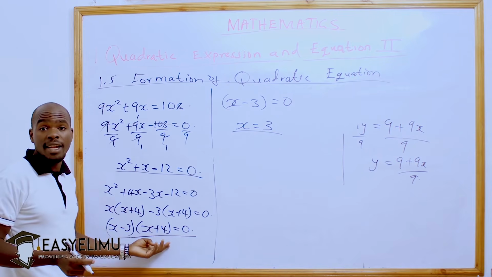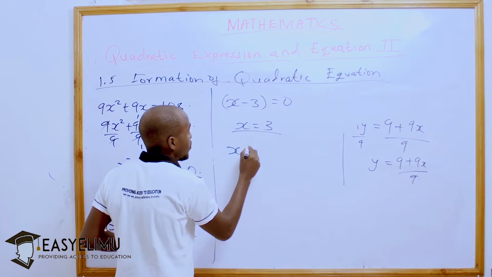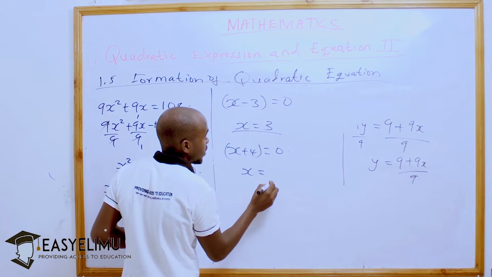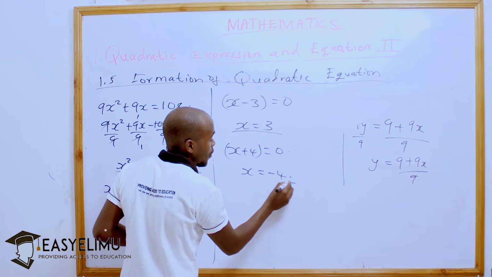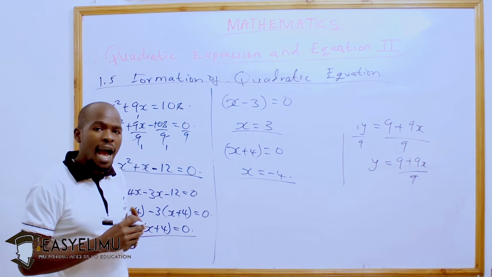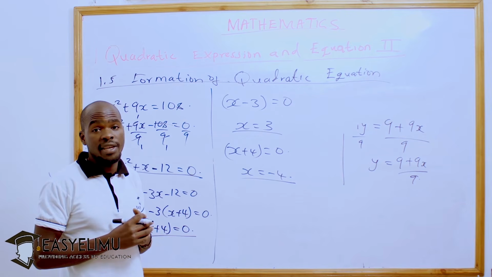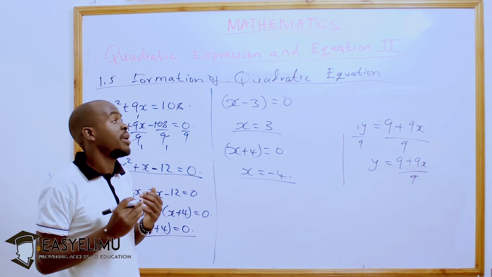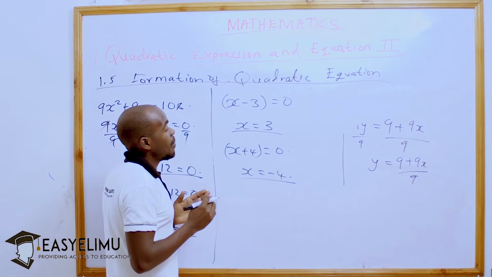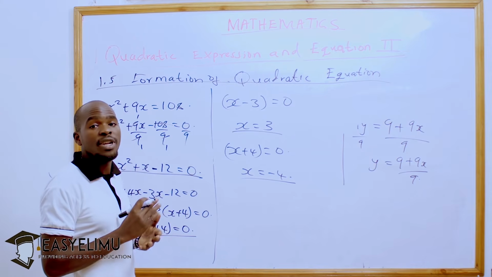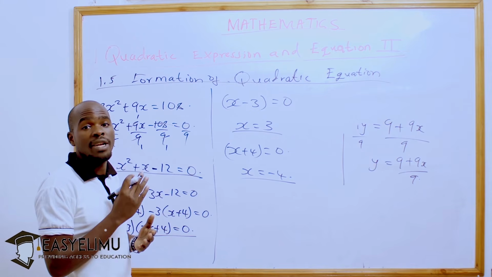If I equate the second bracket to 0, I will get x plus 4 is equal to 0 and I will get x equals to negative 4. But since it is a real number, then it will not be a negative for this case because we are talking about a number. And that number is a number such that when it is combined with another number, it will give us 1 in tens and another one in ones.